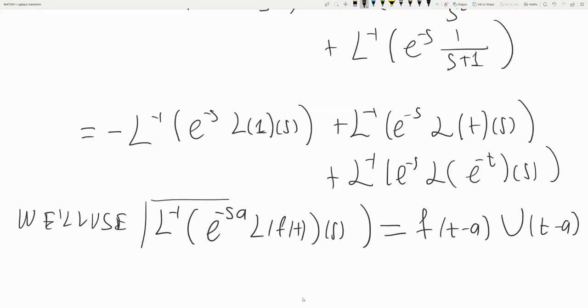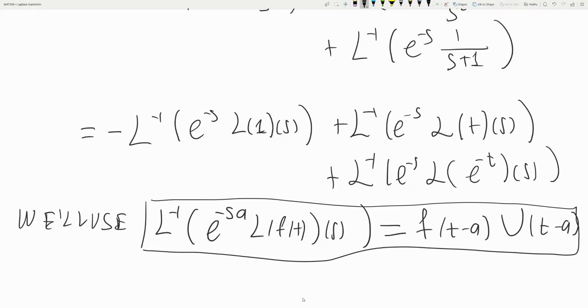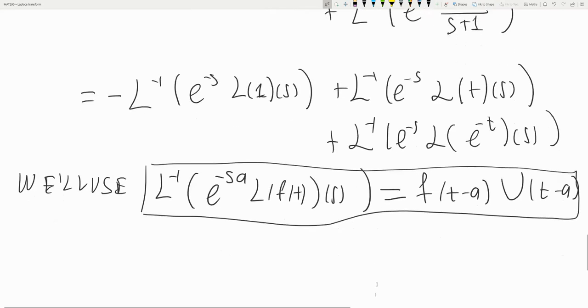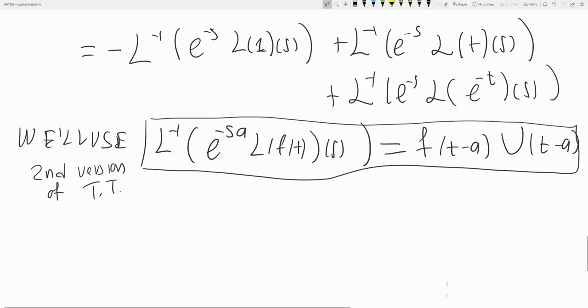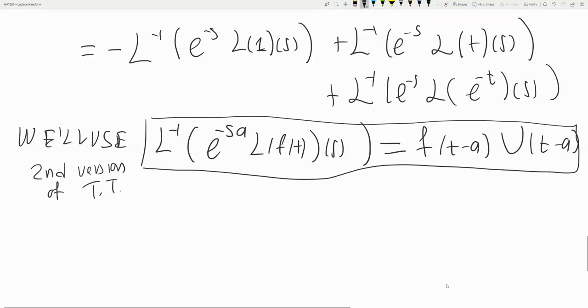Okay. Here we're using the second version of the translation. Okay, so right. So let's see.